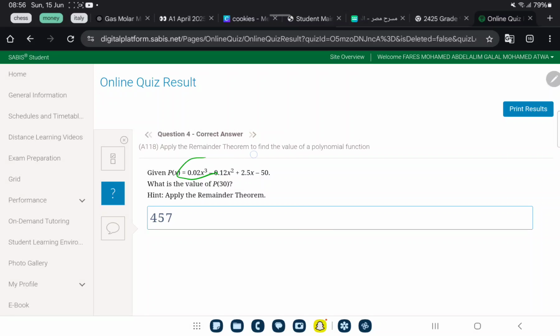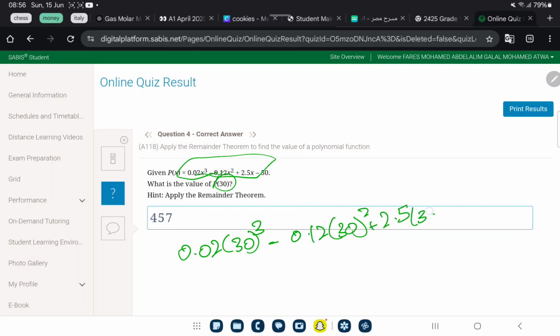Given p equals this equation, they want p of 30, so you put 30 into the equation. So 0.02 times 30 cubed minus 0.12 times 30 squared plus 2.5 times 30 minus 50. Again, you put it into your calculator, you get 457.